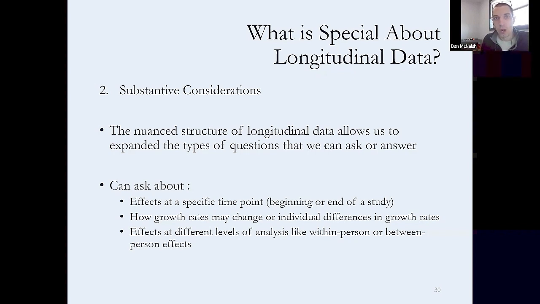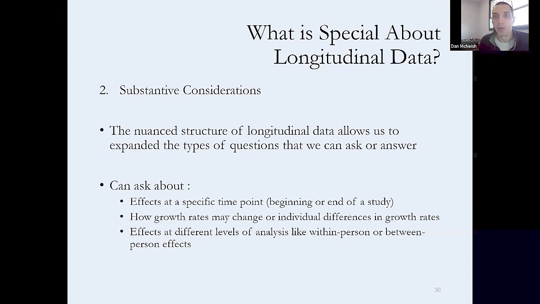So a linear regression will mostly fit a line through data points to tell us about the typical or average way the outcome changes as a function of those predictors. But in longitudinal studies, you might have more expansive questions. So you might want to ask about the effect of a predictor at a particular time point, or the behavior of the outcome at the beginning or the end of the study.